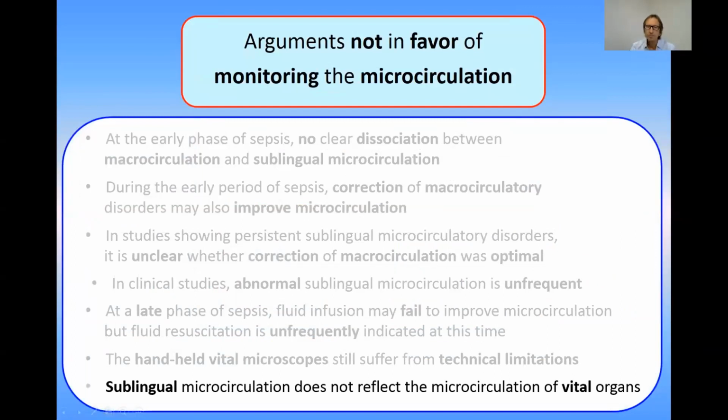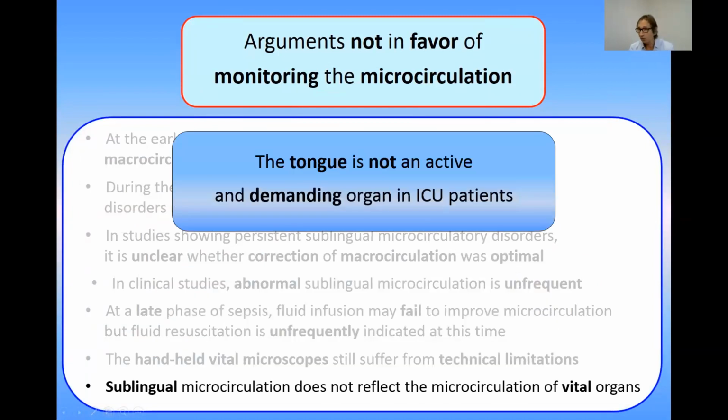And finally, another argument not to monitor is that the sublingual microcirculation does not reflect the microcirculation of vital organs. You know that the tongue is not an active organ. It's not a demanding organ in ICU patients who are, in the majority of cases, in particular patients with sepsis, sedated and who do not use their tongue to do anything.